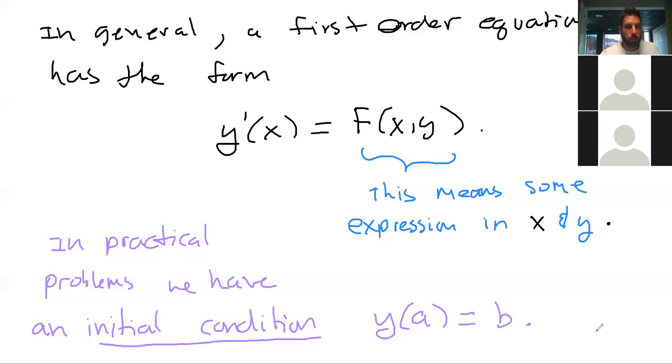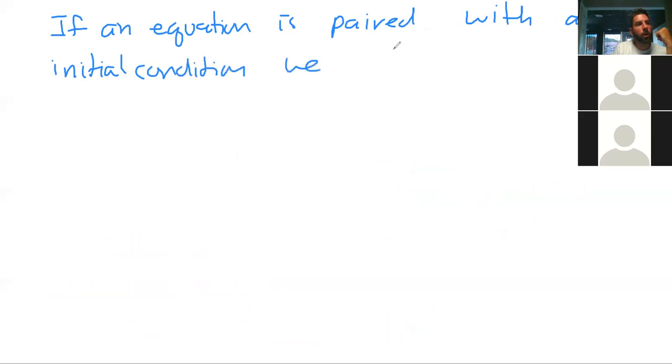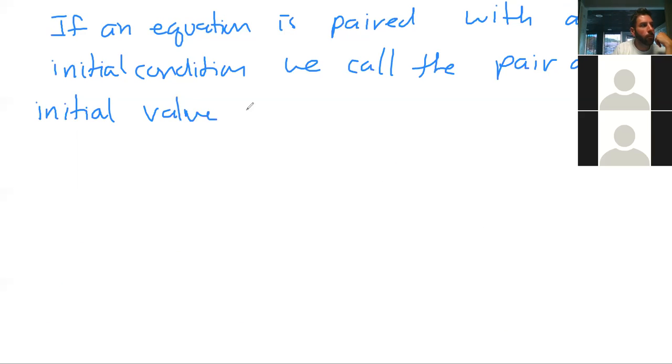So one last term before we start doing some actual examples is, if an equation is paired with an initial condition, we call the pair an initial value problem, which is typically denoted IVP.